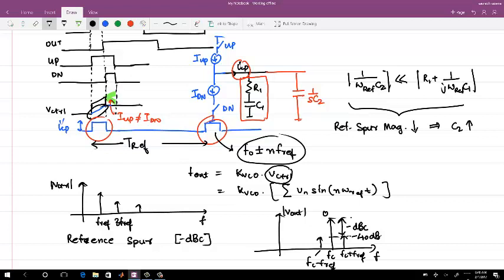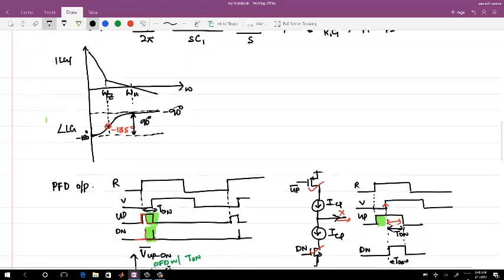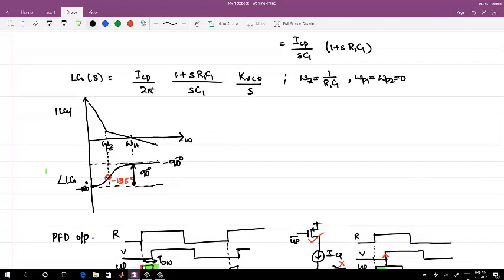Okay. But if I increase C2, what other thing can happen? The pole moves in, right? So far we have this picture for the Bode plot, right? If my pole moves in here, then I have no use, right?